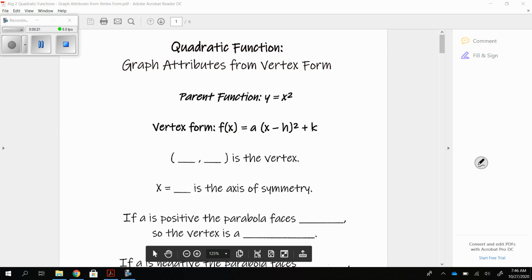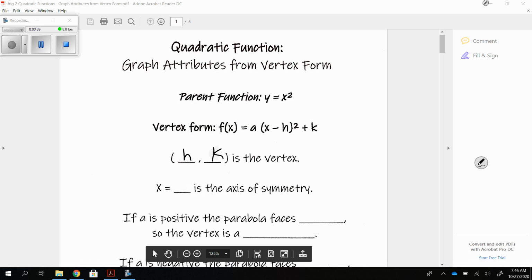Vertex form is f of x equals a, that's just in place of a number, a, times x minus h, another number, squared, plus k, another number. And let's start our notes. h comma k is the vertex.